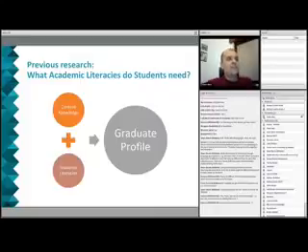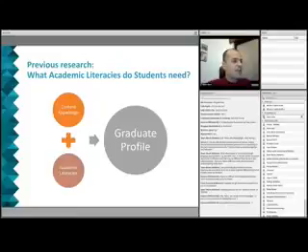We started to think about the graduate profile, and most of us will have those for our programs. Hopefully the graduate profile is the set of skills that students would require to be successful in a specific job. We think about the discipline skills that students need to achieve, but why not also think about the academic literacies that students need to support the development of their content knowledge?